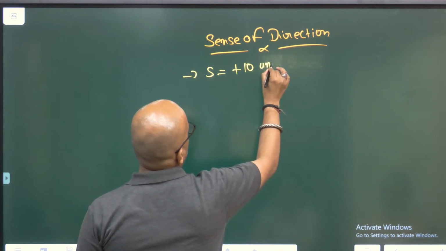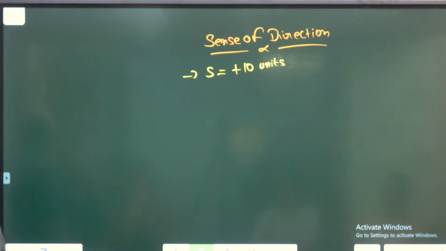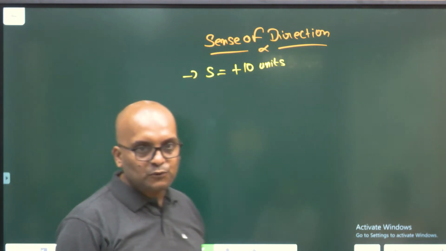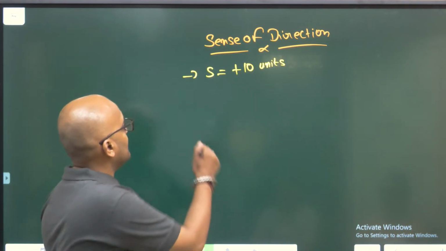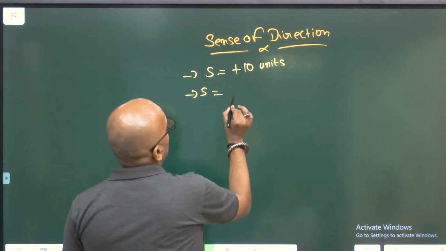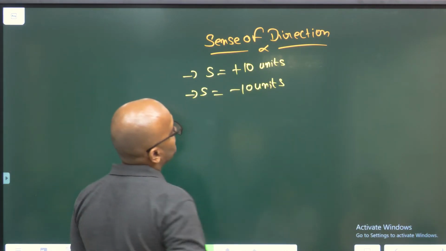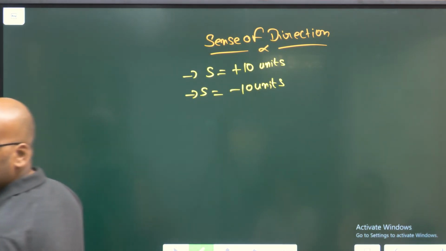Plus 10 units. So what is the direction? In which direction is the body moving? And tell in this also: S is equal to minus 10 units. So what's the direction of motion? In which direction is the body moving?